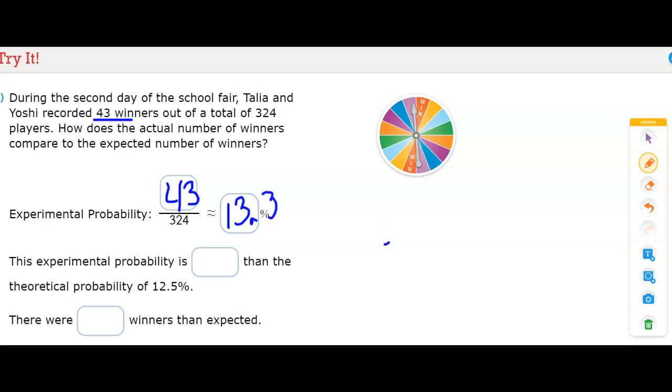So it'll be 13 3/10%. If you look at the example, the theoretical probability was 12.5 or 12 5/10%. So the experimental probability is greater than the theoretical probability. So there were more winners than expected.